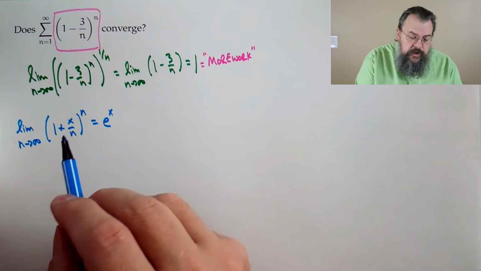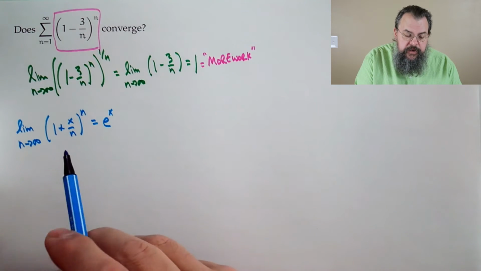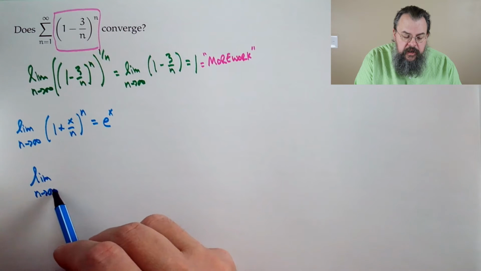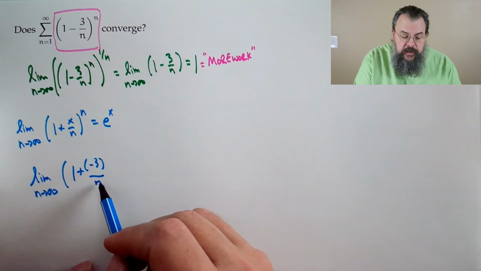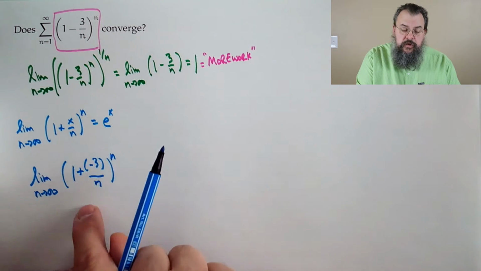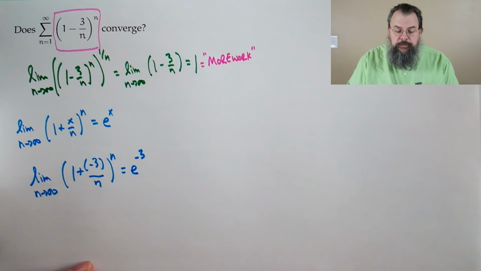And notice, what's our limit? It fills this mold for a particular value of x. So this looks like the limit as n goes to infinity of 1 plus negative 3 over n to the nth power. So according to this rule, this would be e to the negative 3.